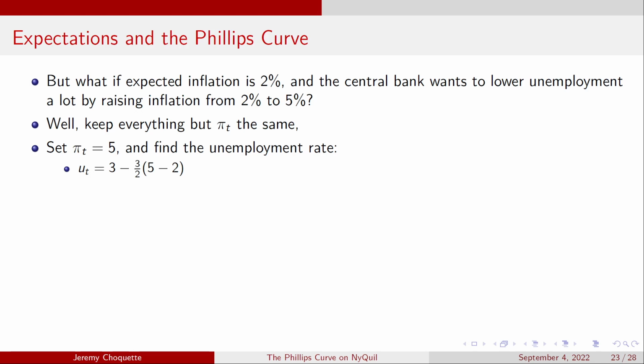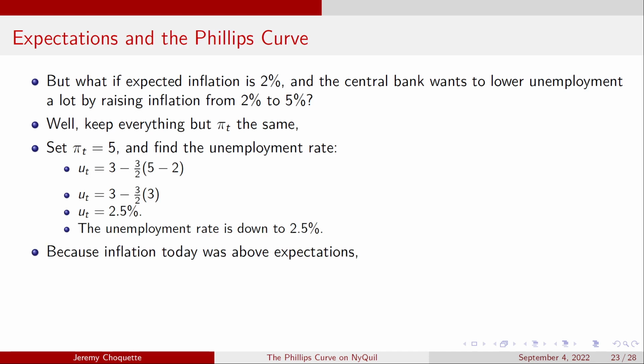So I do u equals 3 minus 3 over 2 times 5 minus 2, which is 3 minus 9 over 2, which gives me 2.5%. The unemployment rate is down to 2.5% because inflation today was above expectations.